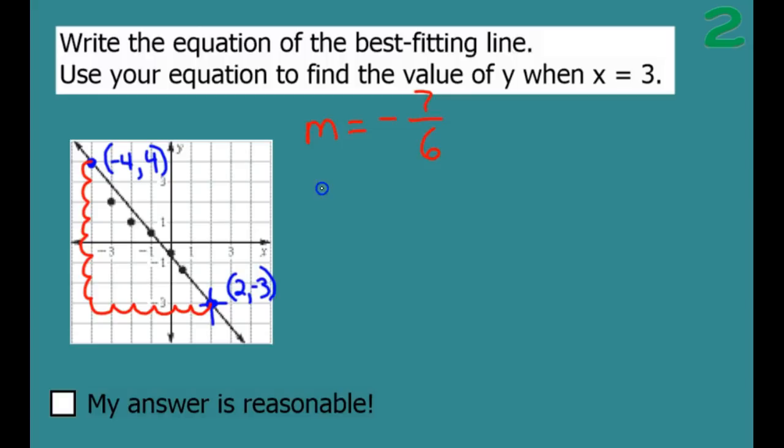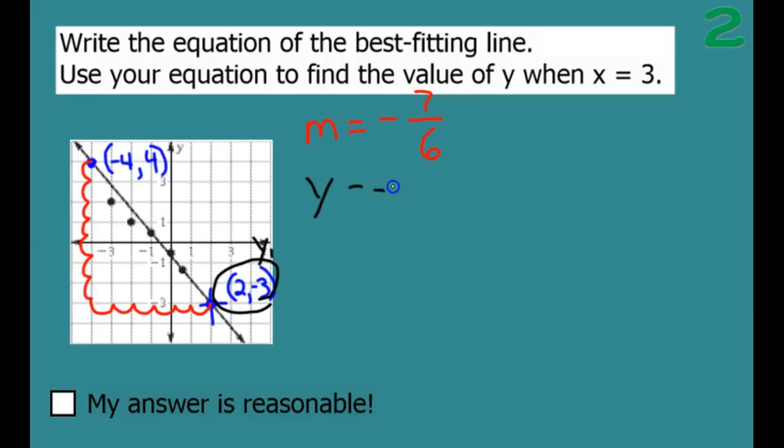Now we need to write an equation. So we're going to write it in point slope form. It's going to start with y minus, then whatever y1 we choose. I want to choose this point, 2, negative 3. So our y1 is negative 3.